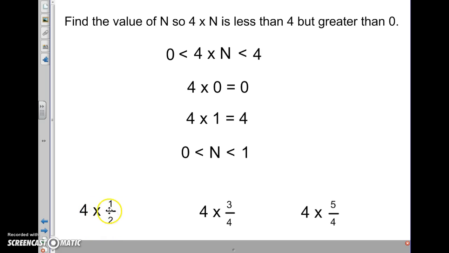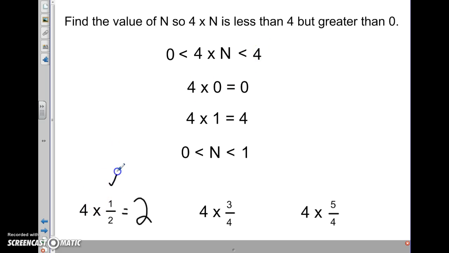So 4 times 1/2 would equal what? What's 1/2 of 4? It's 2. If n was 1/2, 4 times 1/2 would make this 2. Is 2 more than 0 and less than 4? Yes, so that's a check.